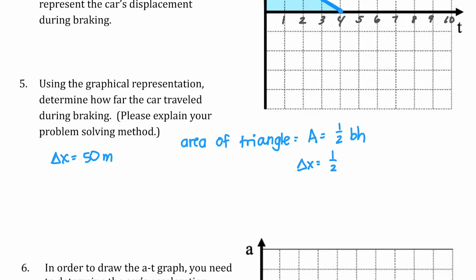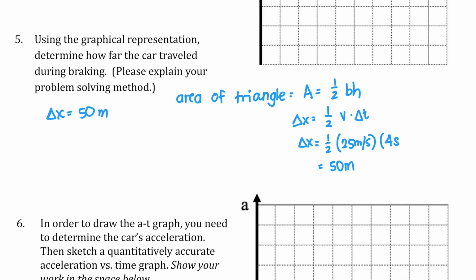Our base will be delta t or velocity, and our height will be velocity or delta t, depending on what number you use for which. So we have 1/2 times 25 meters per second times our time, which is 4 seconds, and that's going to equal 50 meters.